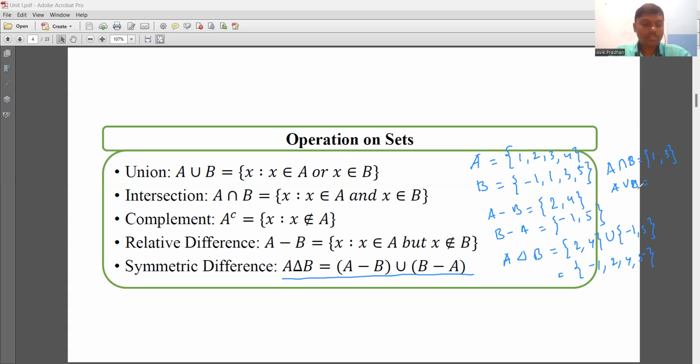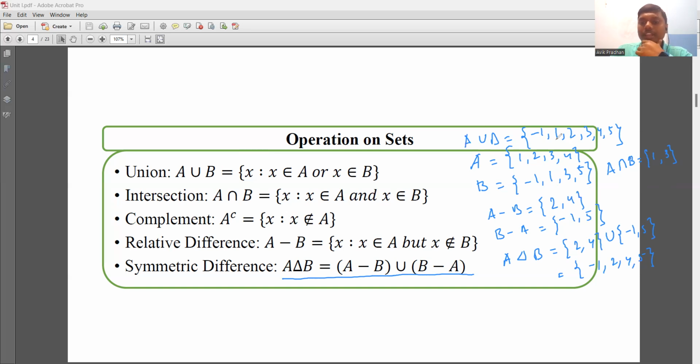A union B will be -1, 1, 2, 3, 4 and 5. If you look into these three things, that is A union B, A intersection B, and A symmetric difference B, there is a relationship.